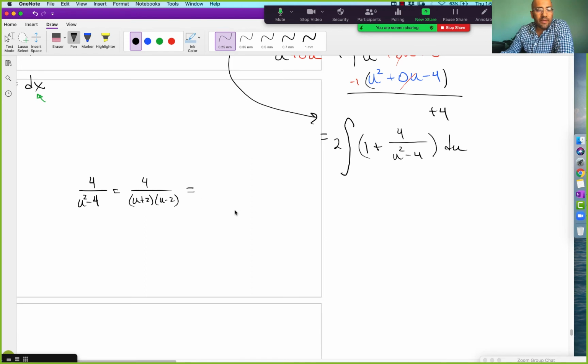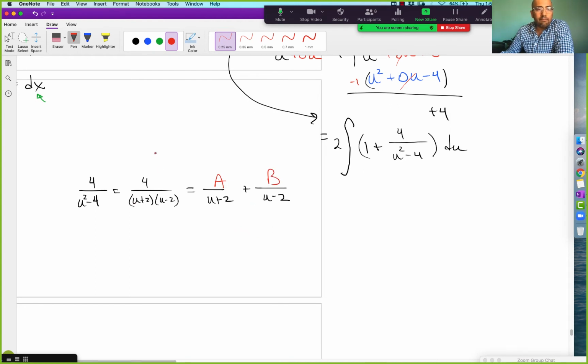Okay, so based on our work with partial fraction decomposition, we know that this should be a case where one fraction has a u plus 2, and another fraction has a u minus 2, and then there are these two constants we have to figure out. There's a constant there and a constant there.